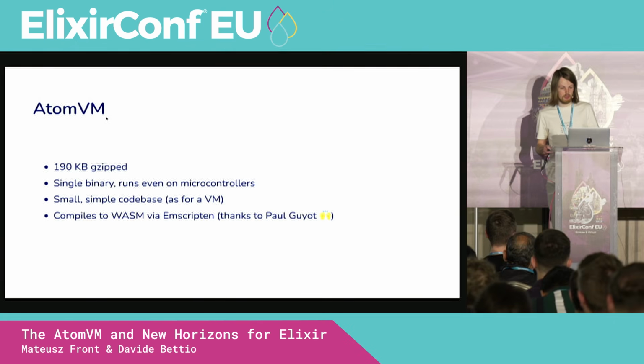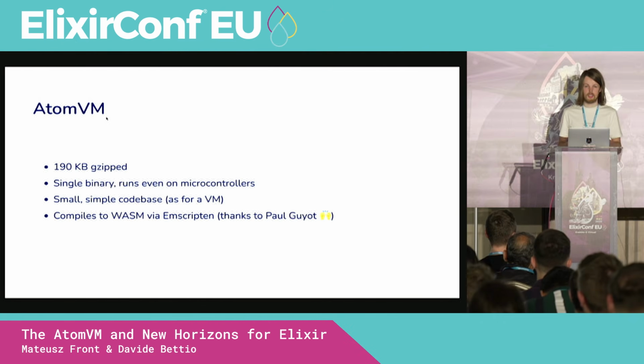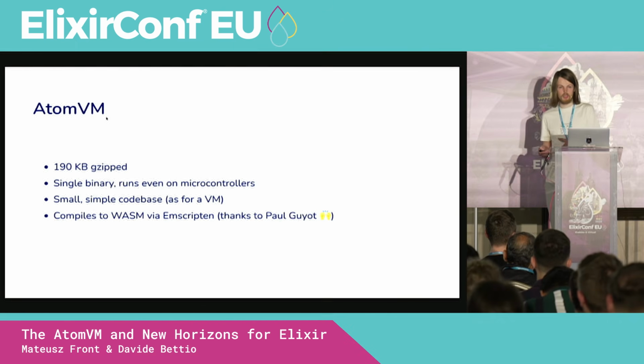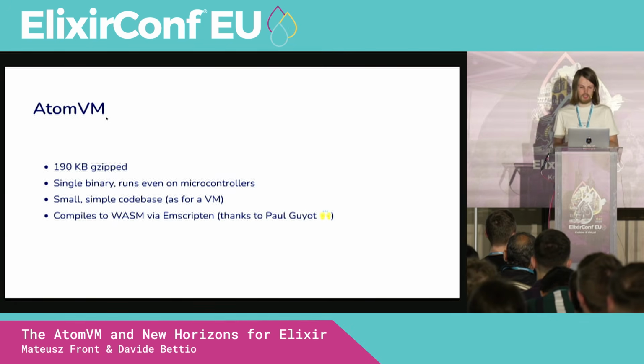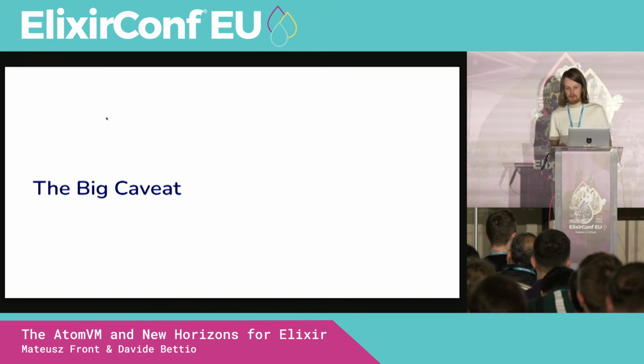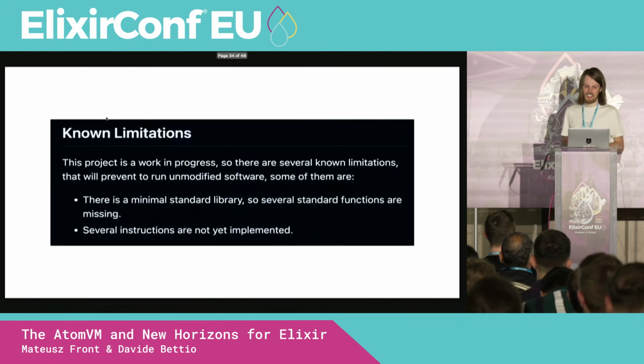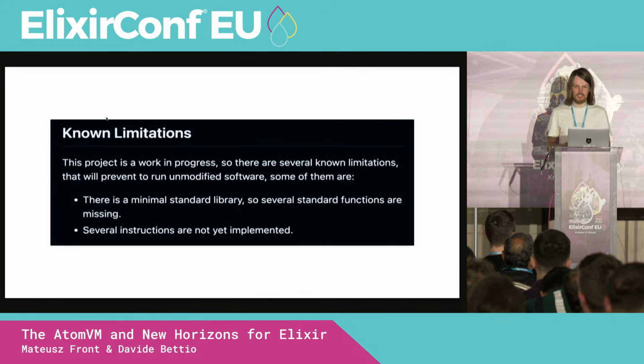So what we need to do is just take the AtomVM, compile it to WASM as written in the README, and run some Elixir code. Yeah? No. Because here comes the big caveat that Davide mentioned, and that's that AtomVM doesn't really run any Elixir code.